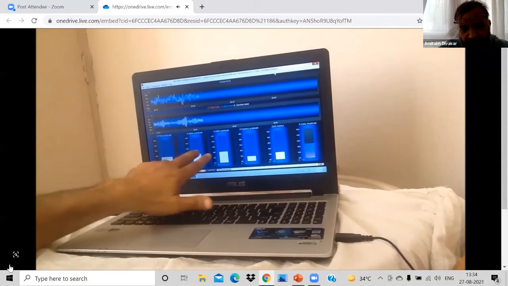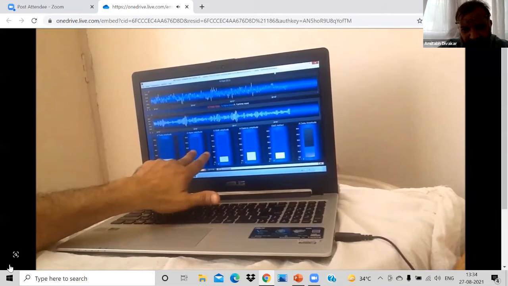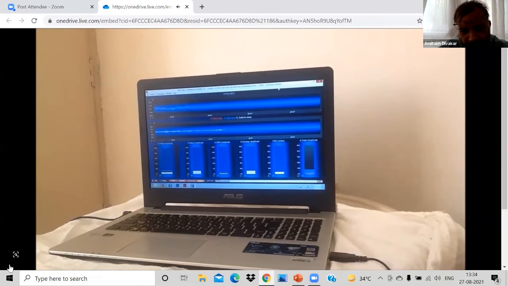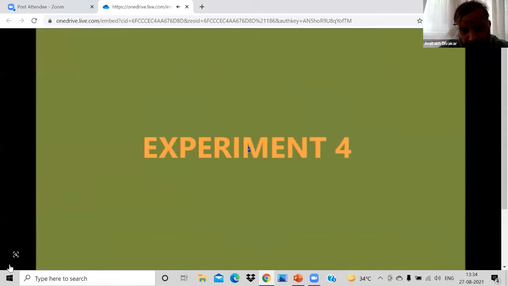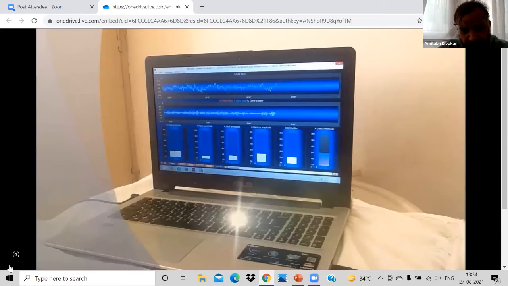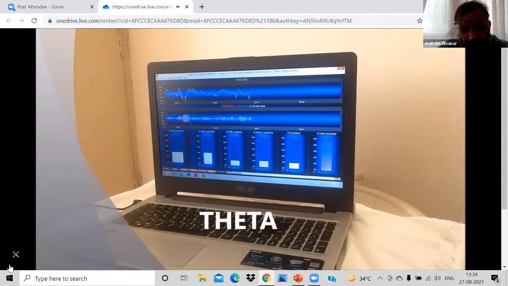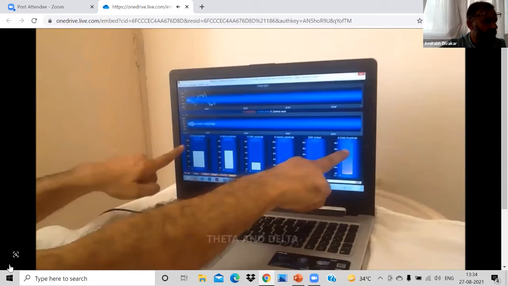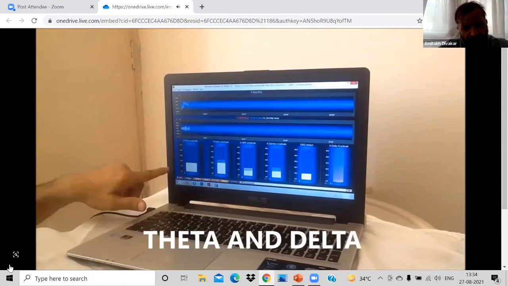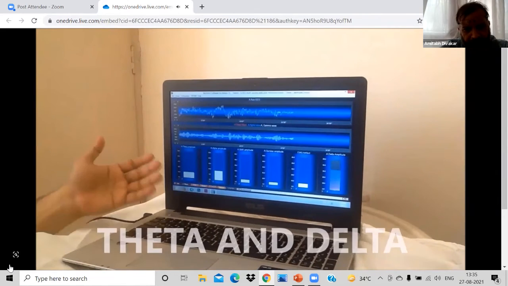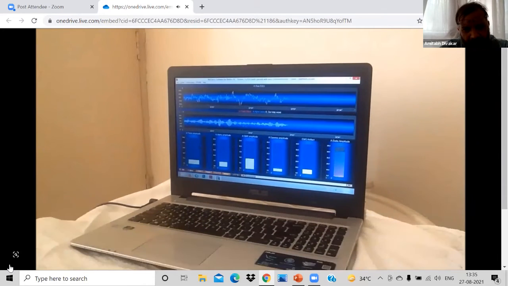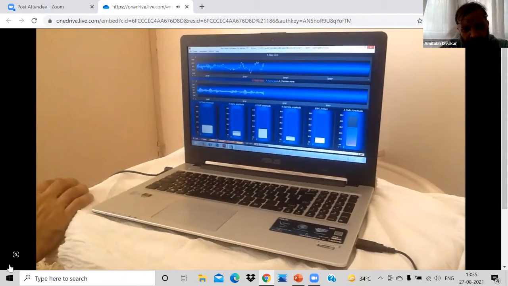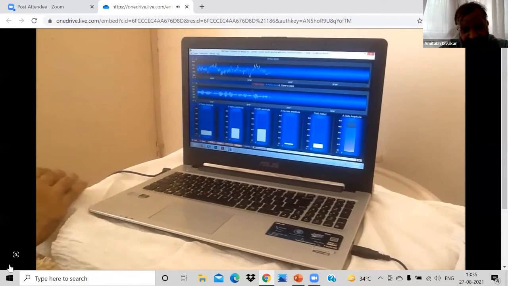SMR is sensory motor rhythm. It is the capability, meaning ability, the cognitive ability. So once the theta goes up, all the other waves get activated too.